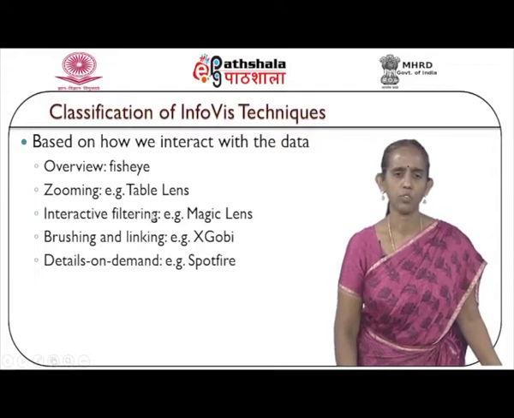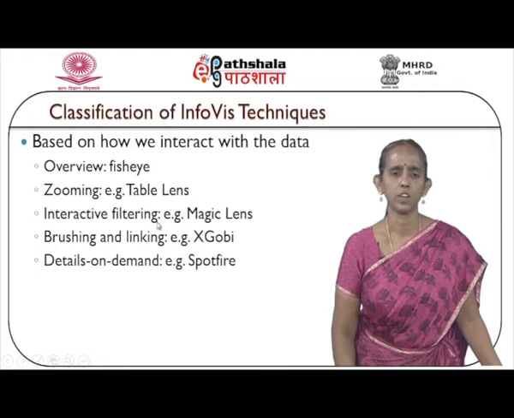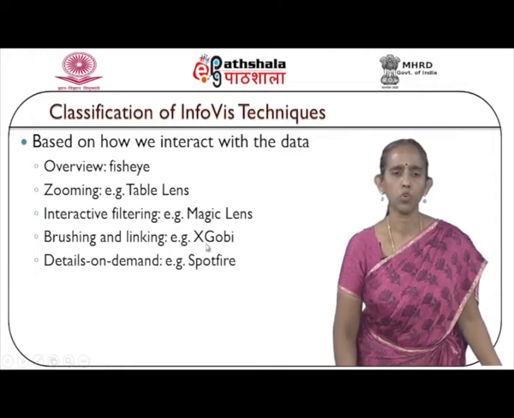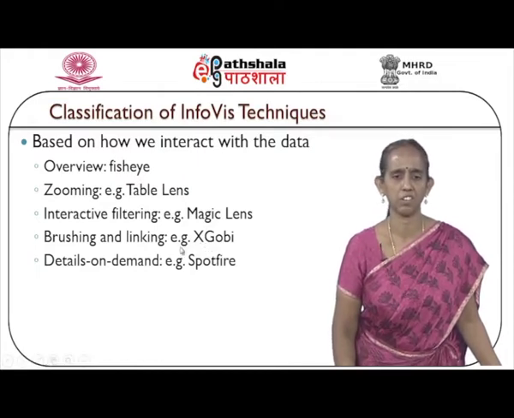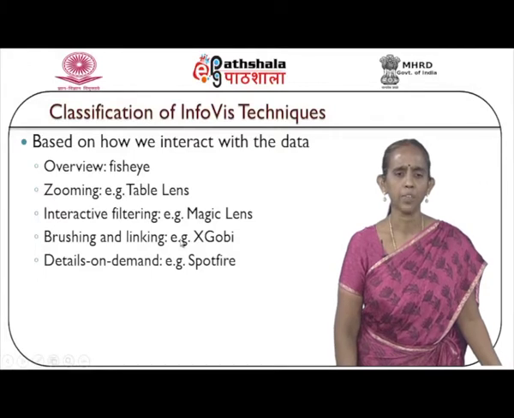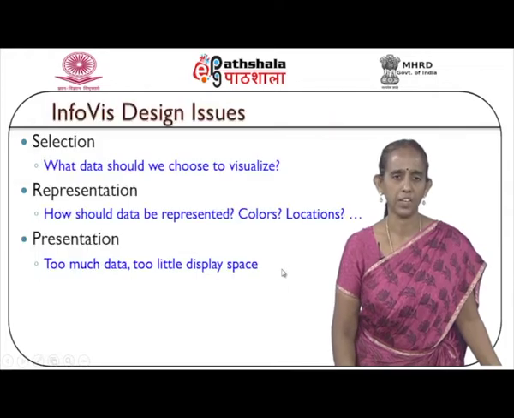I can filter out certain data and just look into the data set using the magic lenses. By using the XGobi interface, it is possible for me to brush and link certain data that are available, and then get details as and when I need them in the Spotfire application.